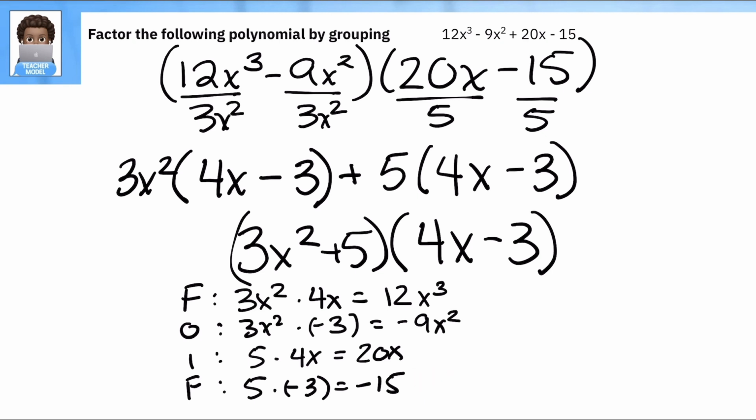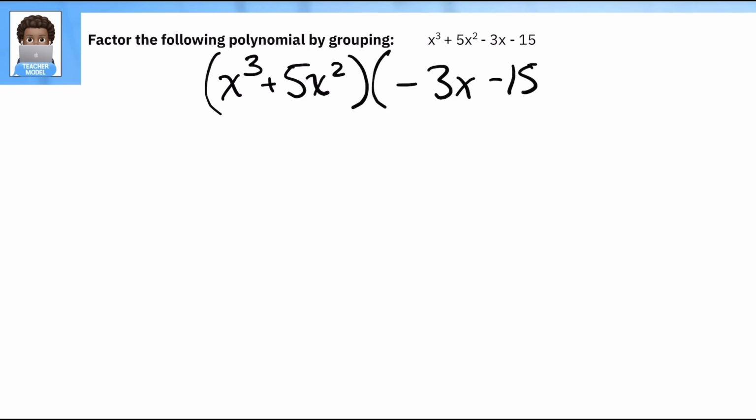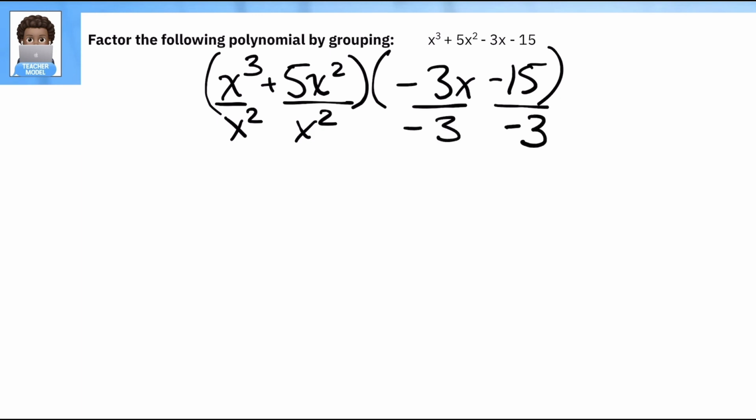Hit pause and jot this down into your notes. Now watch me repeat the same steps again. I'm going to again group them. Look for a common factor. And now factor. Oops, let me write this down.